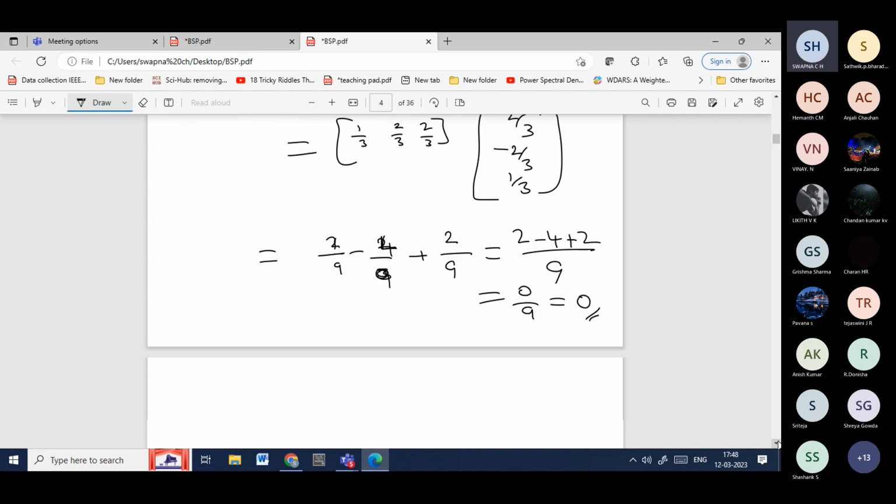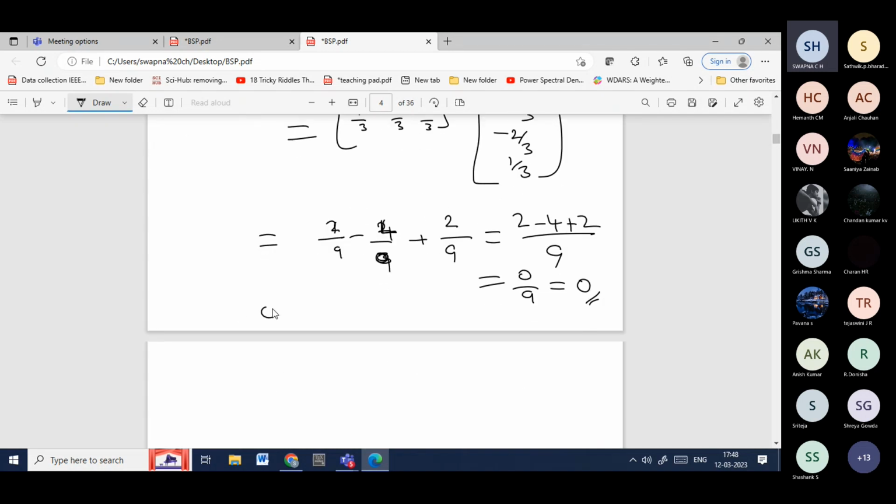So since both conditions are satisfied, the given vectors are orthonormal vectors.